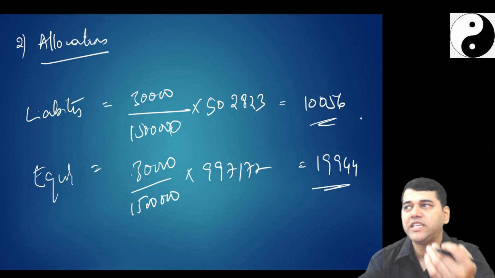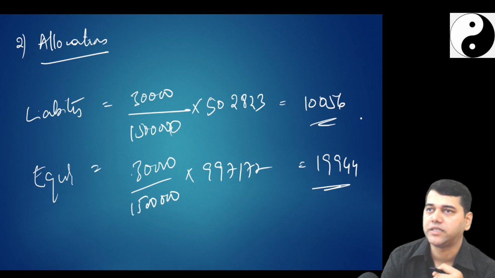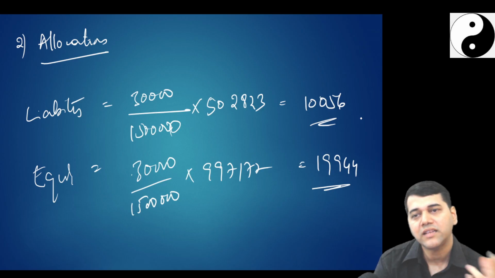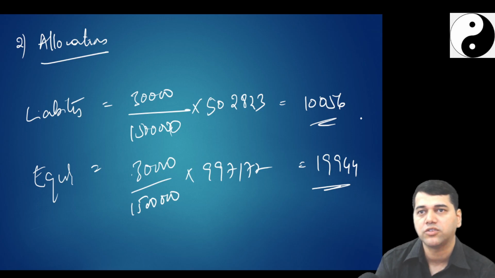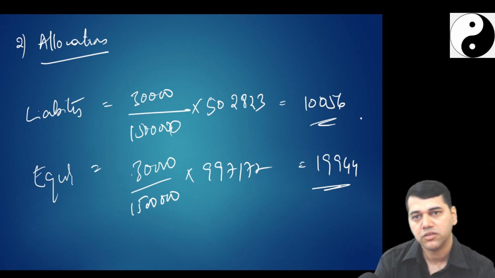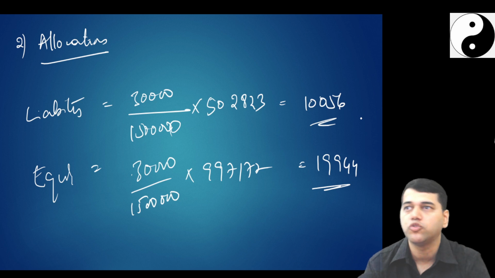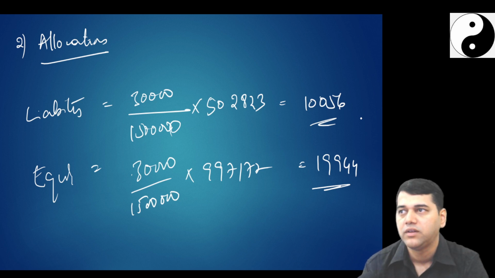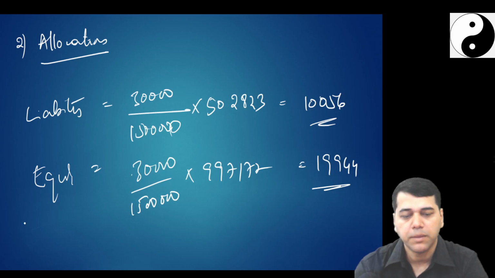So when you pass that initial recognition entry, initial measurement entry, will you add the transaction cost or will you deduct the transaction cost? Deduct the transaction cost. Okay, so this is that respective you need to do. Bank account debit net of transaction cost and respective amounts you need to deduct. So you can pass the recognition entry now.